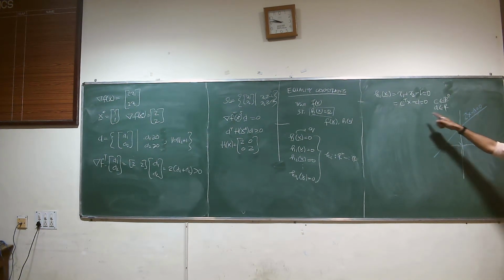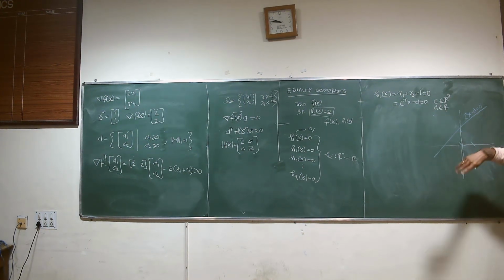In R3, this essentially describes a plane. If D is 0, it would be a plane that passes through the origin. That means it's a subspace. If D is not 0, it's not a subspace. It's what is called an affine space. In higher dimensions, this is essentially a hyperplane.